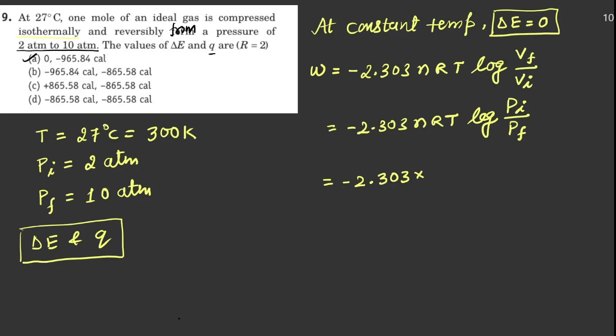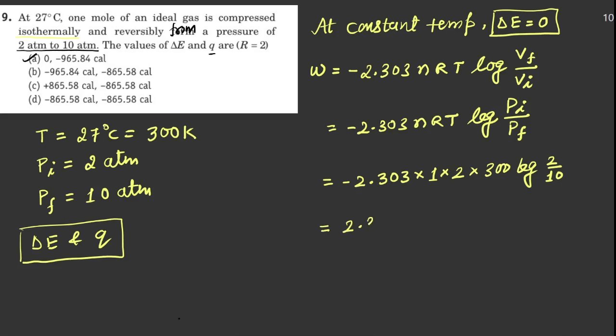2.303. And what is n? 1. Value of R is given as 2. And temperature is 300. And the log of 2 by 10. The initial pressure is 2, final pressure is 10.